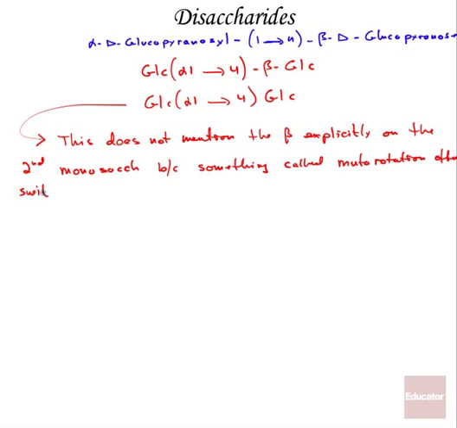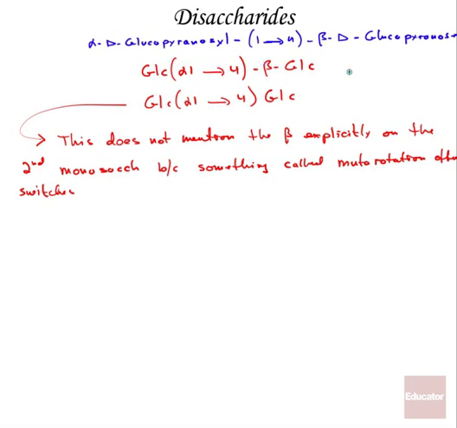It often switches the configuration. So even though we know that we use the beta version of the second monosaccharide, the fact of the matter is the alpha and beta forms often switch. So the stereochemistry on the reducing end of the sugar, the one that has the free anomeric carbon, is often unspecified. So sometimes you don't necessarily have to put the beta there. It's not a problem unless specifically they want you to.